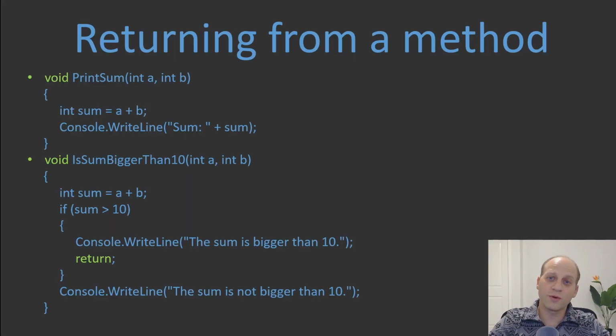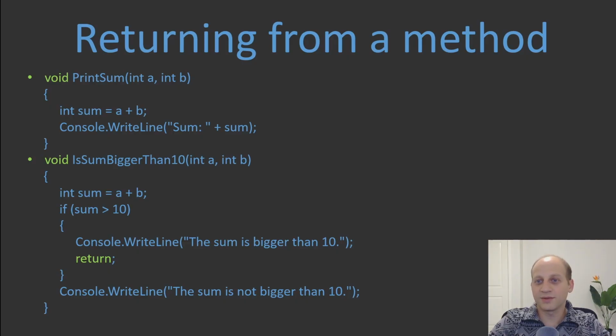As we said before, a method can return a value, but it is also possible that it will not return anything. In this case, the method returns void, like in the first example that you see. As I said before, we can use the return keyword even when the method doesn't return anything. In this case, the method will just exit, as you see in the second example.